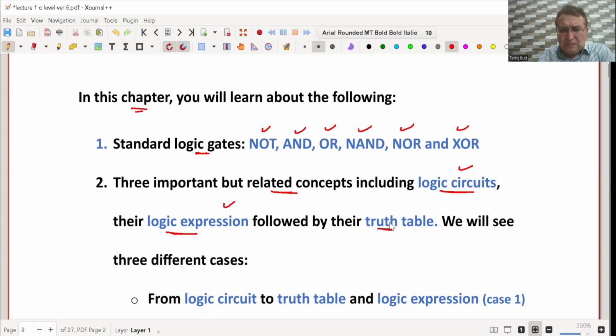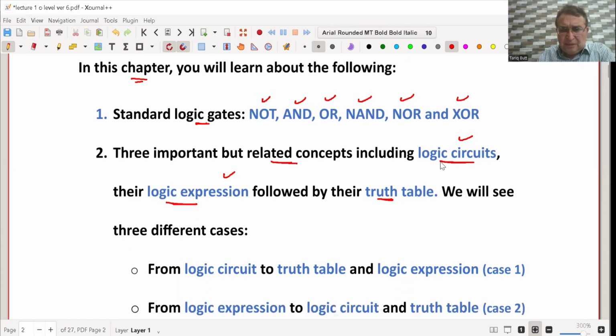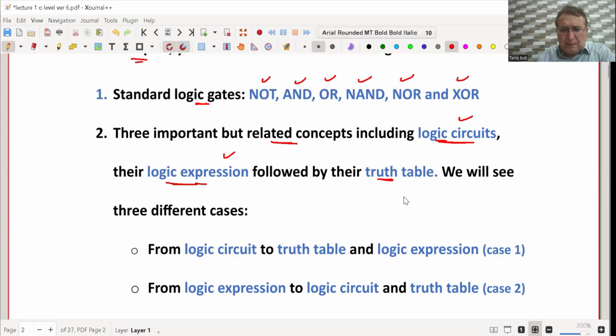Fine. And we will see that these 3 concepts, logic circuits, logic expressions, and truth tables, can be given or can be asked in different scenarios.